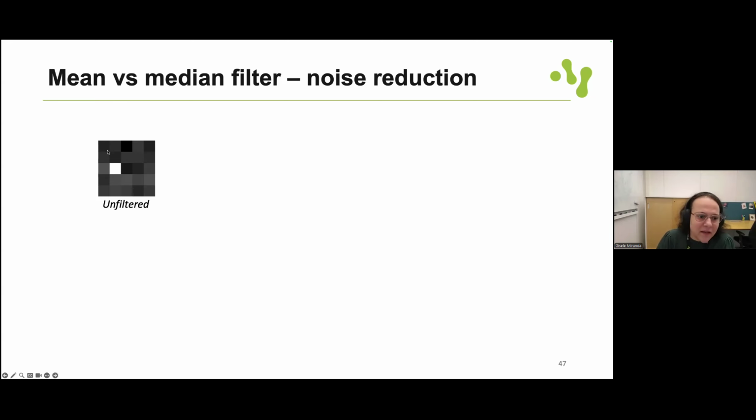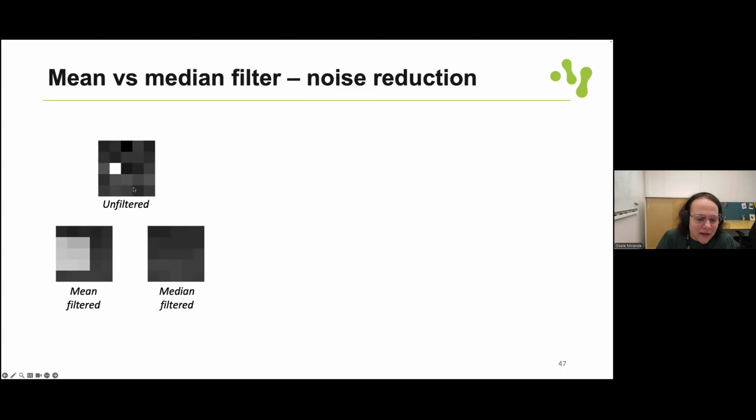Here we have a situation we call salt and pepper noise, because we have these isolated bright pixels within a neighborhood that is quite dark. If you apply the mean filter, you are going to average out this region, so all the pixel values will be modified.